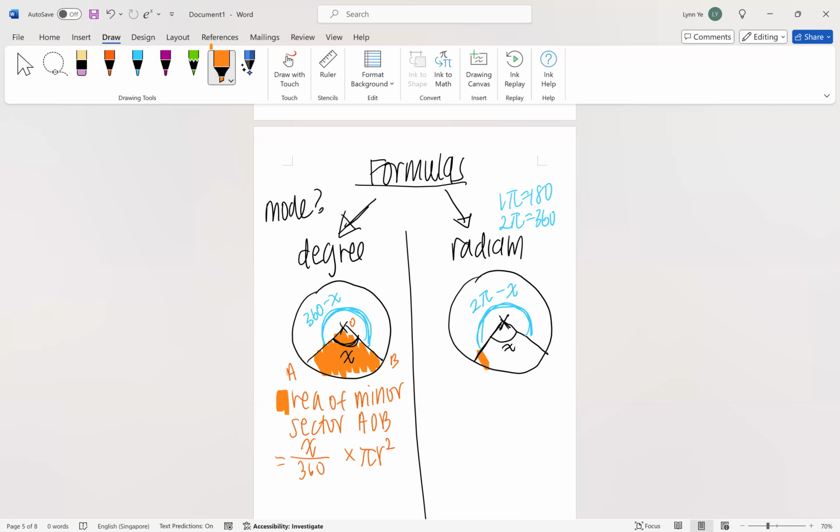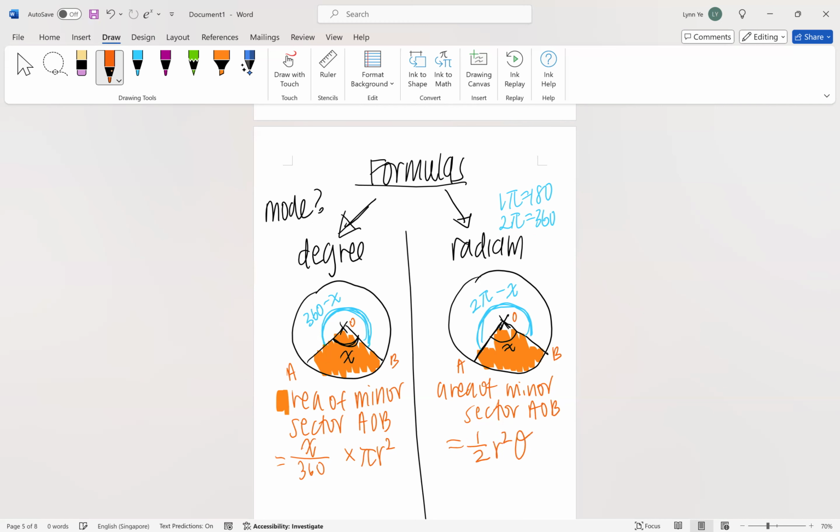Now here, area is also the same thing. Area is inside. But good news for you guys, this area, the formula is given in the formula sheet. Okay? So this is the same thing. Area of minor sector AOB, the same thing. AOB is equal to half r squared theta.